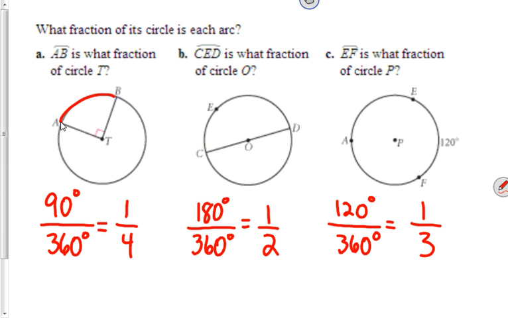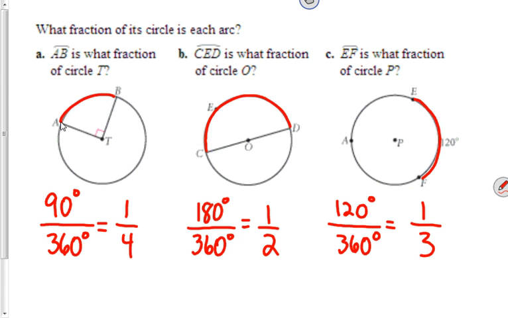In example B, we would take 1/2 of the circumference of the circle to find the arc length of arc CED. And in example C, we would take 1/3 of the circumference of the whole circle to find the arc length of arc EF. Now it's important to remember that arc measure is measured in degrees, but now arc length is going to be measured in units of distance. So it could be inches or centimeters or feet or yards or whatever.